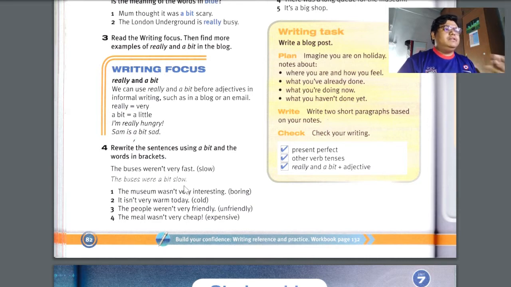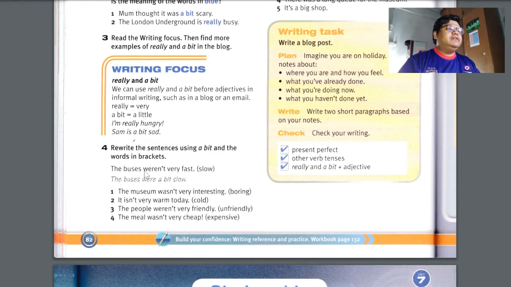Itu kalau kita nak kata dia sedikit perlahan. Macam ayat ni lah, were very fast. Were very fast maksudnya slow lah. But we can also say that the buses were very slow. Cuma kalau very slow ni, dia takkan sebut were very fast lah.